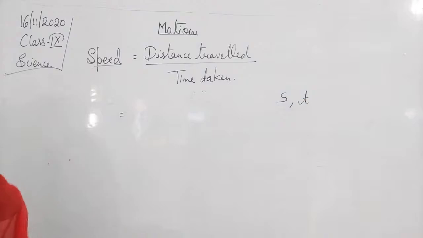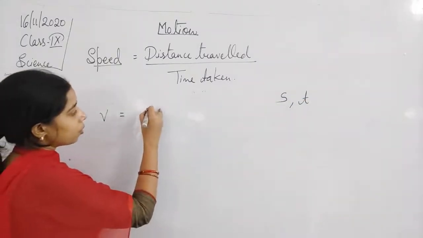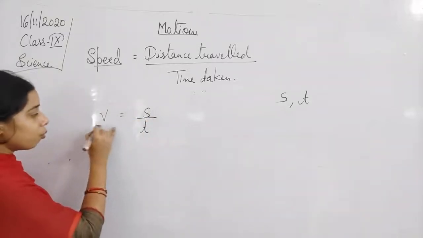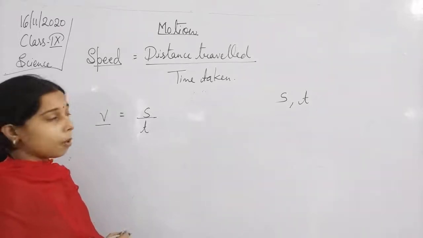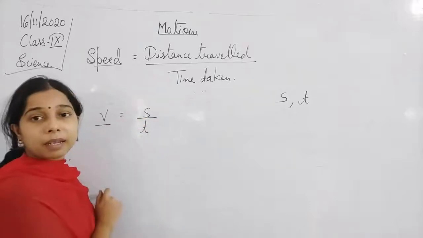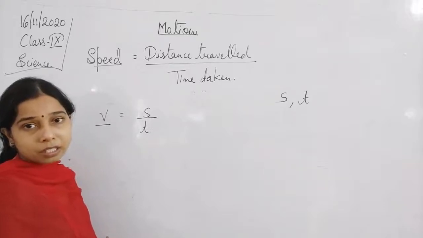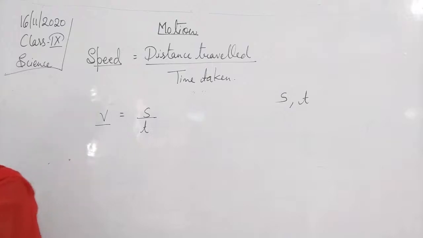We can write V, we are representing the speed by V, that will be equal to S upon T. So if an object is moving with an unknown speed, but it travels a particular distance represented by S, and the time taken to complete that distance is represented by T, then the speed will be V equals S upon T. V is the speed and S is the distance traveled.